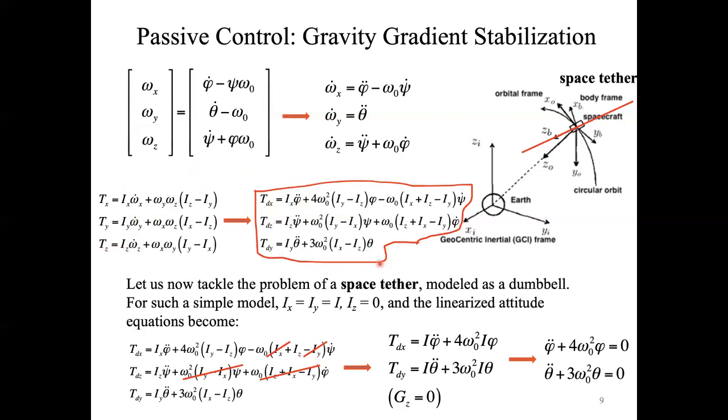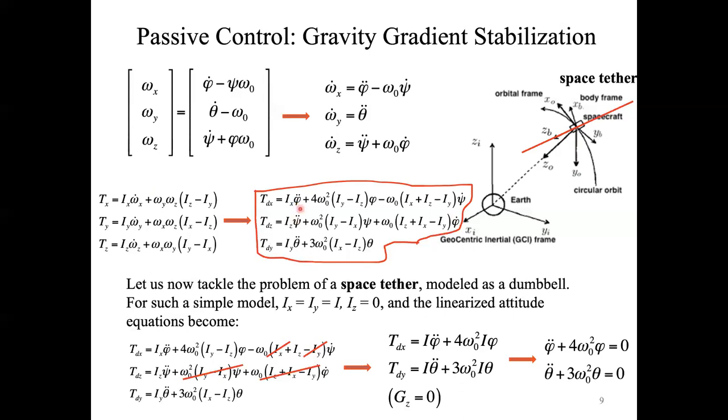So these equations, as I said, are valid only if you assume small angle variations from the body frame to the orbital reference frame, so small roll, pitch, and yaw angles. The main advantage of this representation is that the first two equations, the roll and the yaw axes, are coupled.